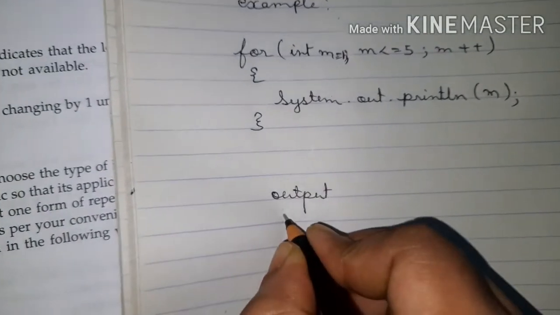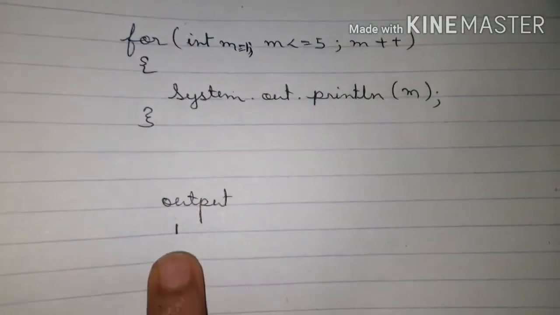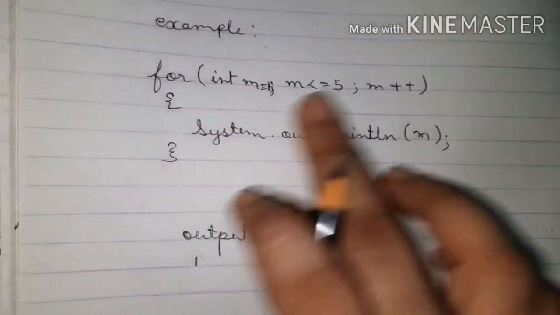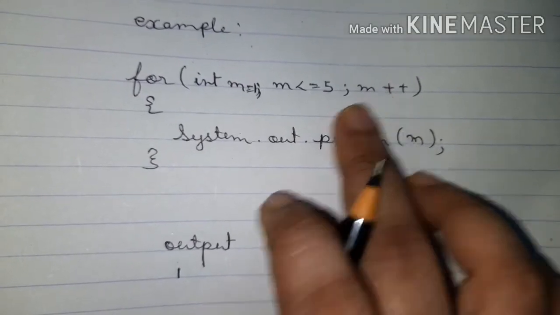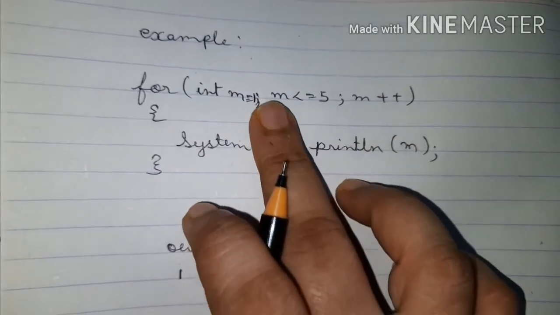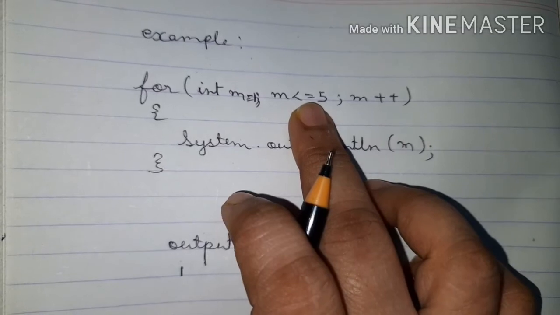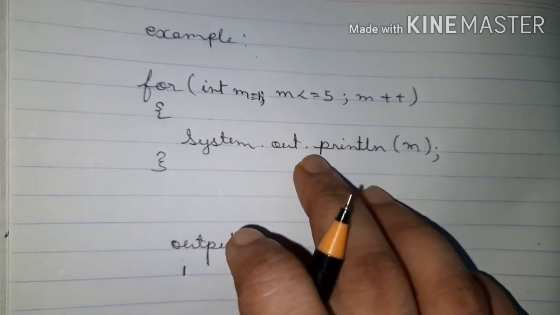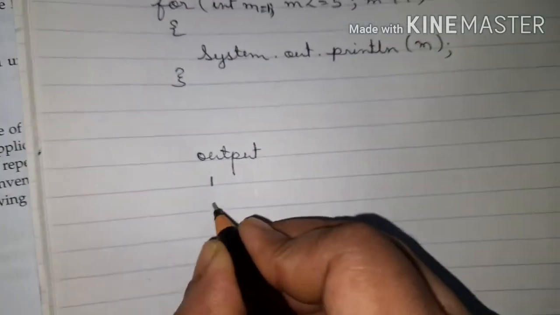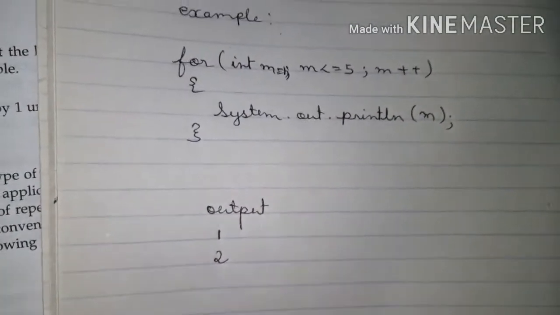So it will display 1. Now the m is increased by 1. So now m became 2. So it will come to the condition. Condition is true. 2 is less than 5. So it will enter here and it is going to display 2.